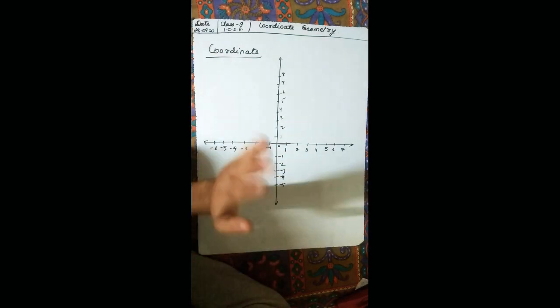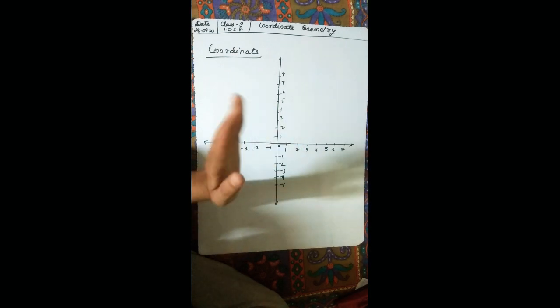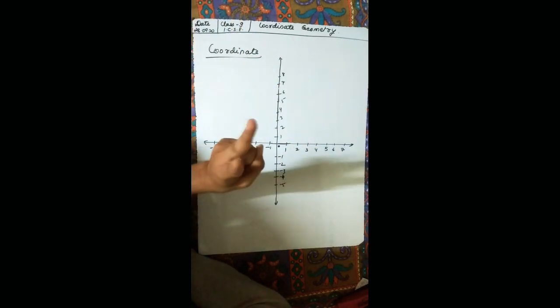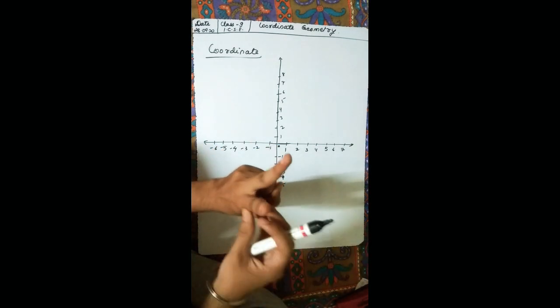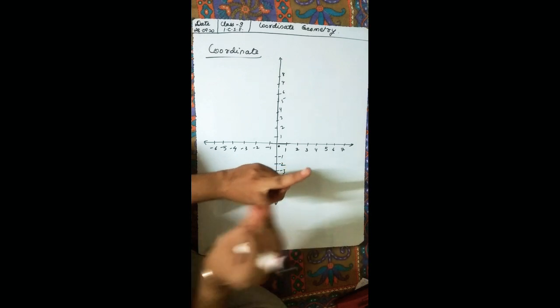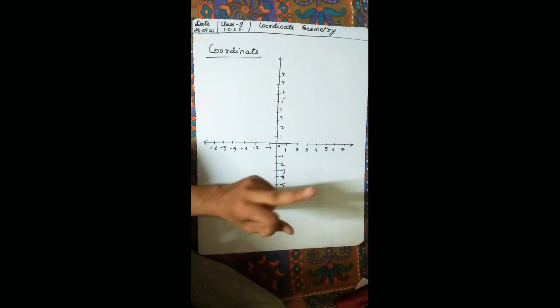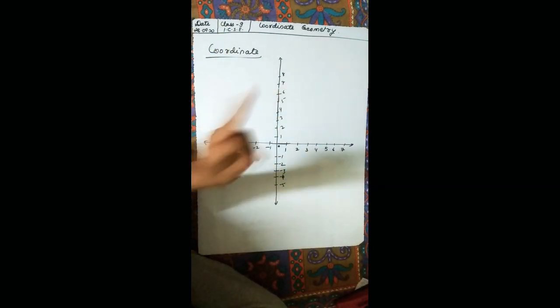Or you can plot the points and do the questions on the graph and paste that page in the copy. So you have two options: either do all the graphical work in a separate copy and keep it with you, or do the graph work, cut it and paste it in the fair copy.